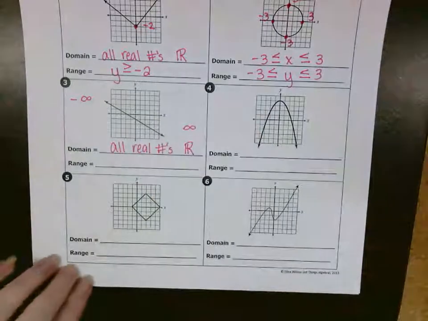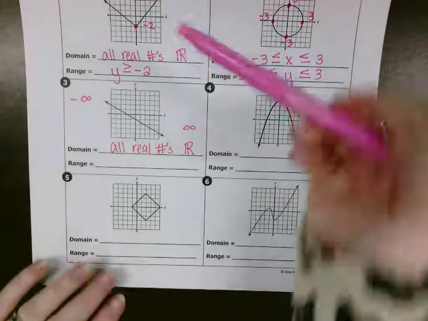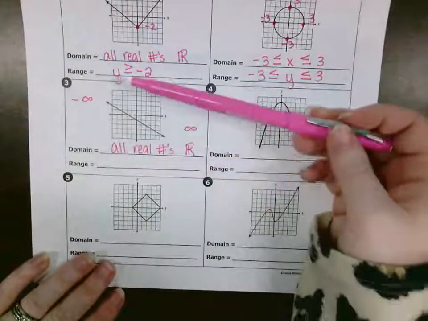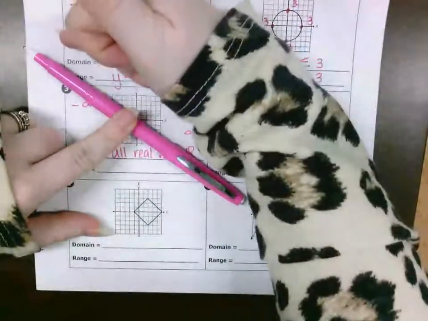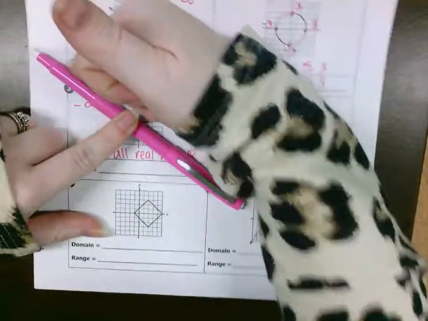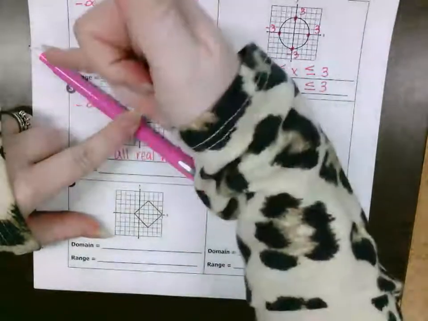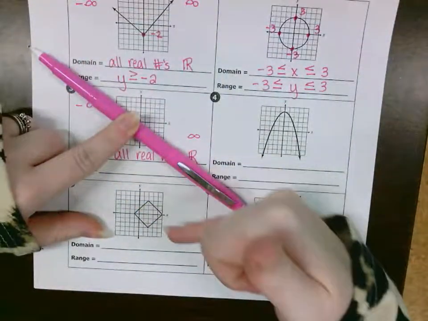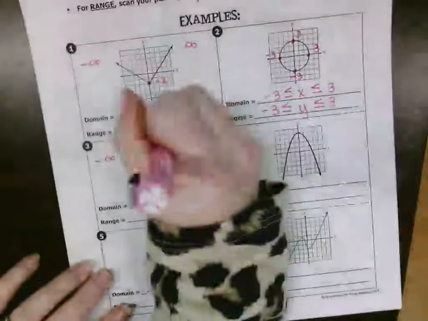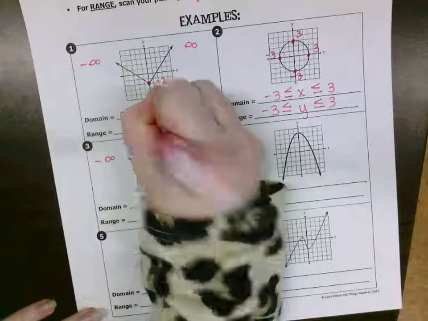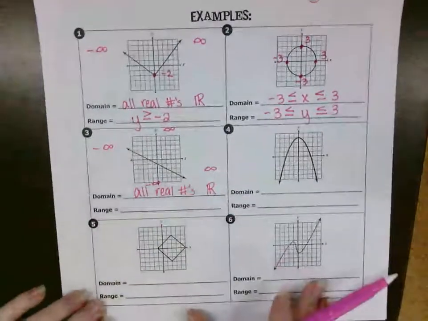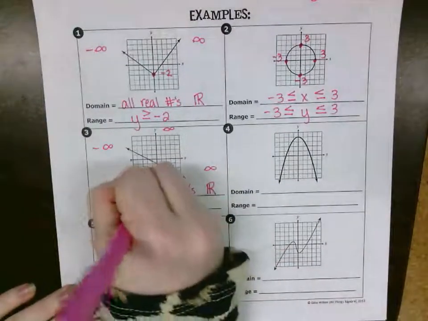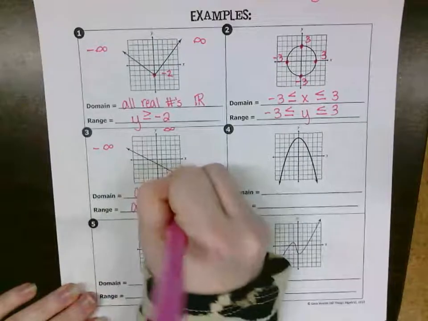Then we look going from top to bottom. If you think about this line going on and on forever, it's always going to hit somewhere on the y-axis, no matter if it's on top or to the bottom. So it goes to infinity and negative infinity. If it goes all directions, then it is all real numbers.